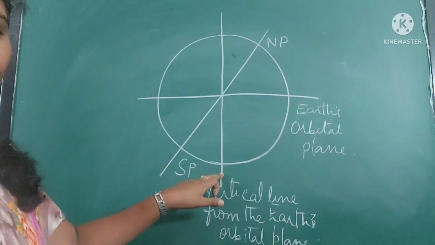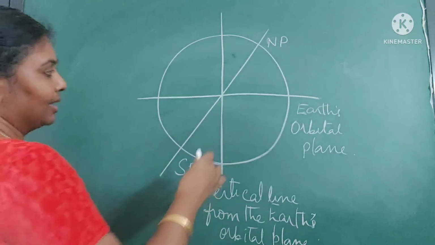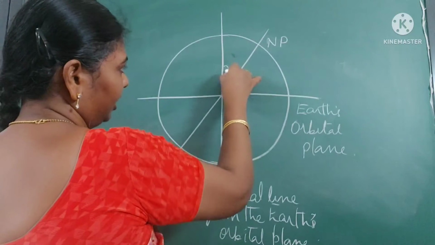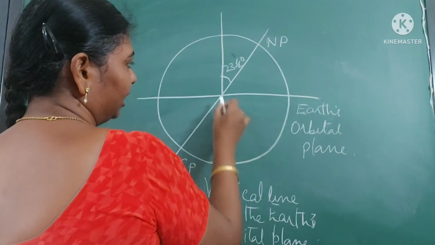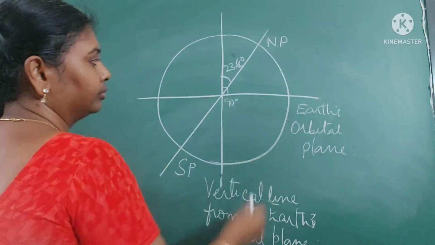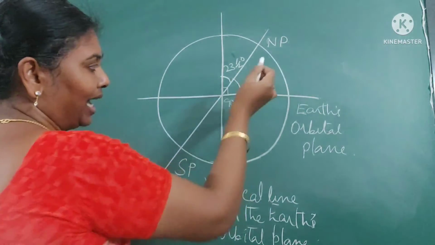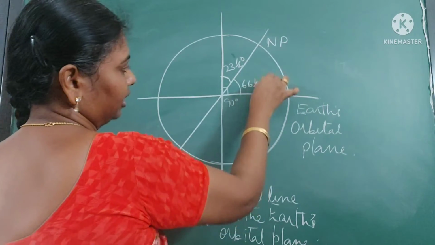Now the angle which is made from the Earth's orbital plane to its axis is 23.5 degrees. Earth's orbital plane is 90 degrees in total. So the balance angle is 66.5 degrees.